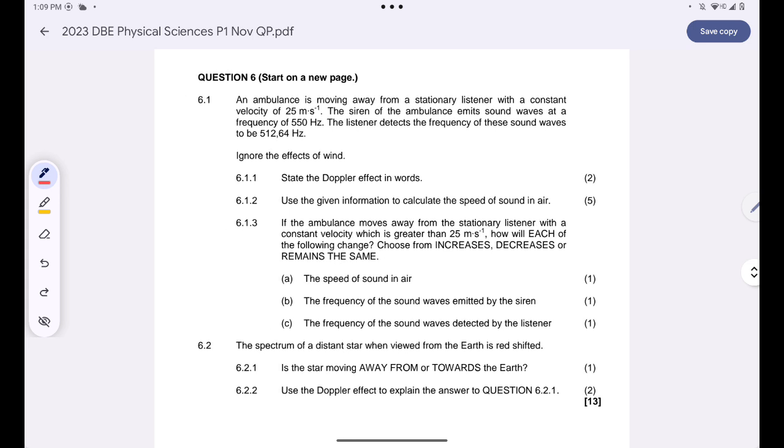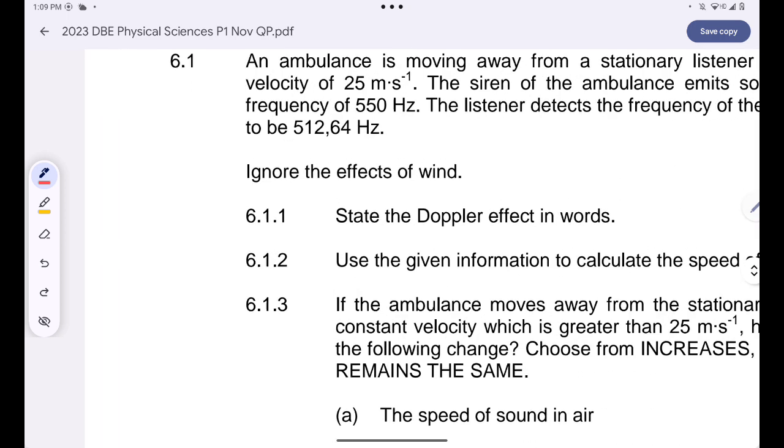Okay, we are told that an ambulance is moving away from a stationary listener with a constant velocity of 25 meters per second. The siren of the ambulance emits sound waves at a frequency of 550 Hz. However, the listener detects the frequency of these sound waves to be 512.64 Hz.